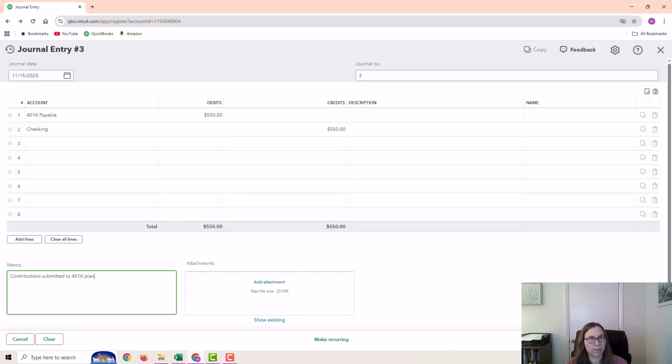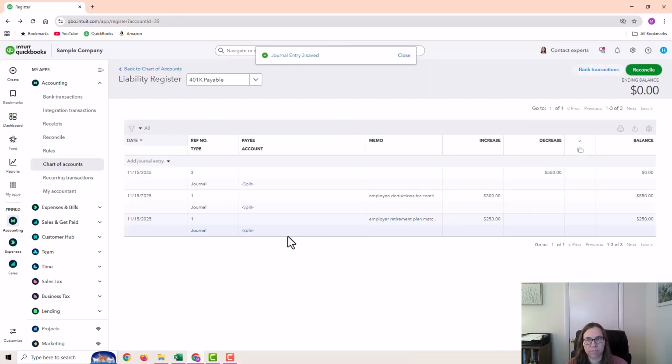Okay, and that's it. That's all you have to do. You're just showing that those 401k contributions are being sent to the 401k plan. And that zeroes out this account. So for the payroll entries, I increased this liability account, but then when this liability was paid, it's going to decrease this account.